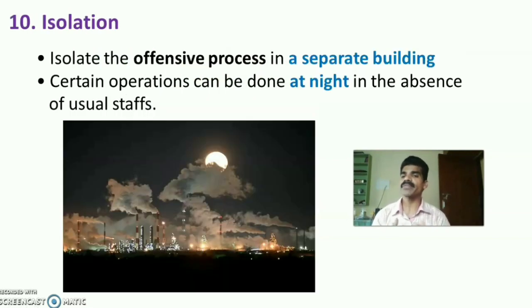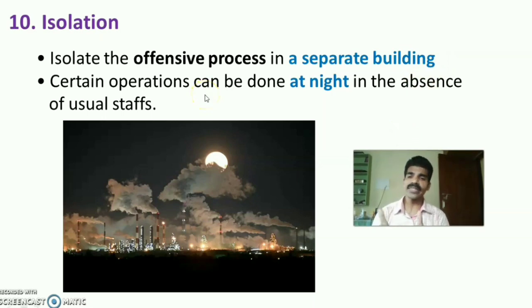The 10th engineering measure is isolation. So isolate the offensive process in a separate building. The process which may lead to exposure to chemicals, etc., such activities have to be separated from the main industry or factory or the main infrastructure. So isolation of the offensive activities or processes in a separate building can prevent the exposure of a number of employees and workers.